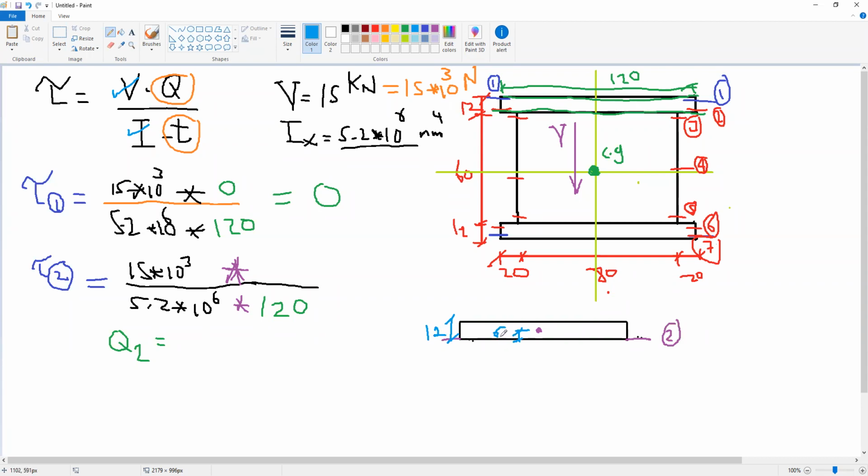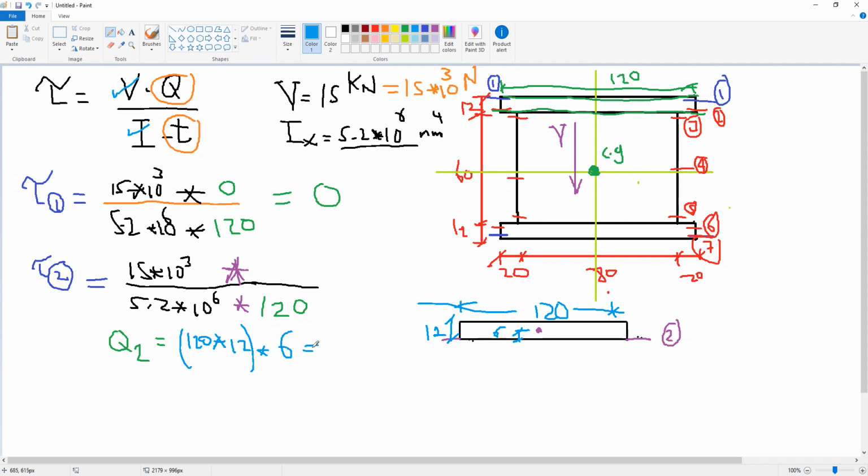So do you know how much Q2 is? Q2 will be the area. The area is 120 times 12, times the distance from the centroid of the area to section 2, which is 6 millimeters.